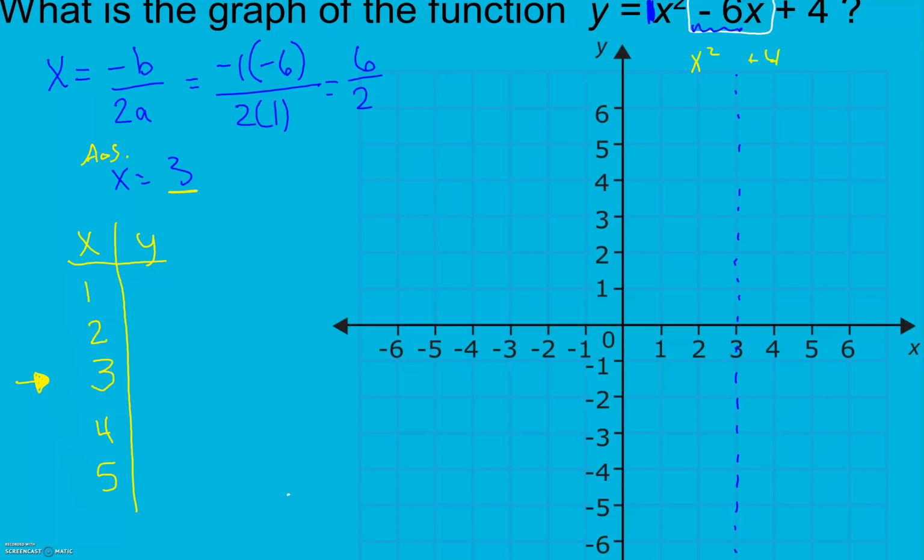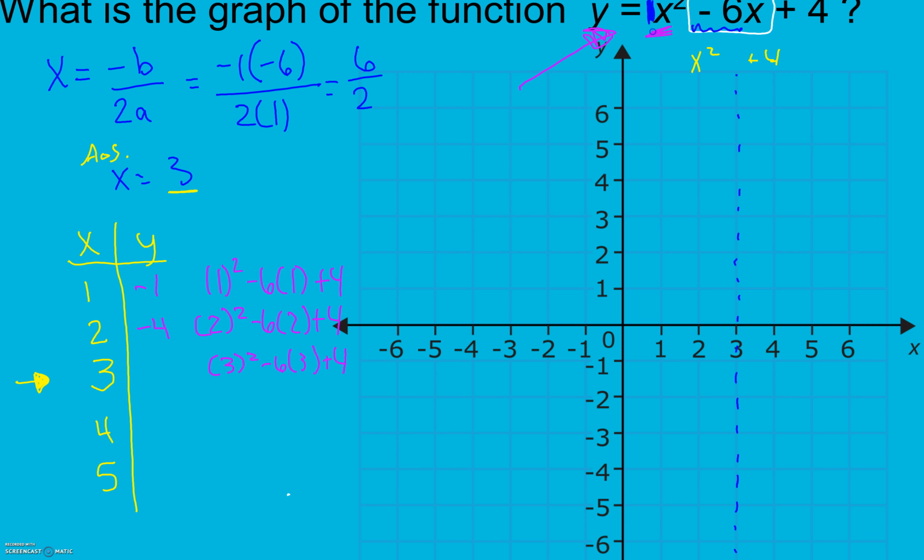Once I have my values, I can plug them into my formula up here. So I have x squared minus 6x plus 4. Remember, these are just our x values, and they go into our formula. Here I get negative 1. x squared minus 6 times x plus 4, minus 4. x squared minus 6 times x plus 4.